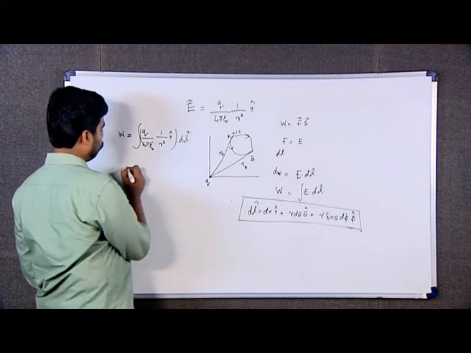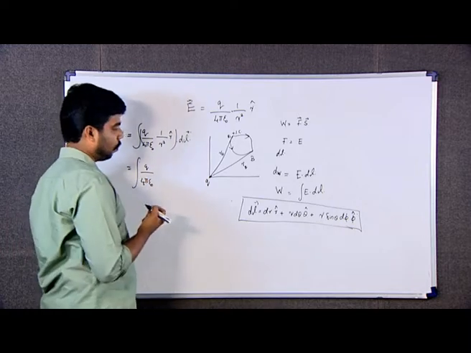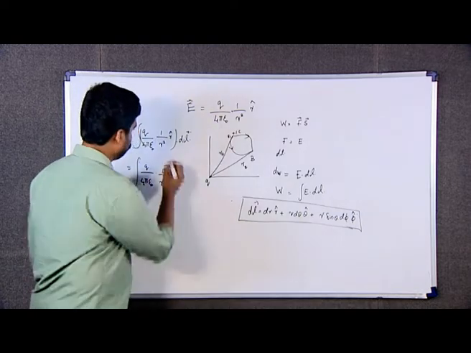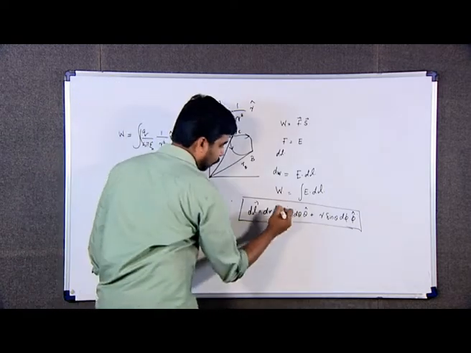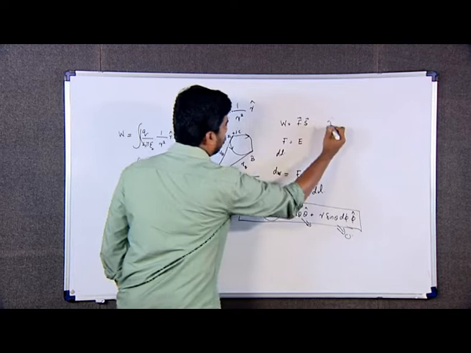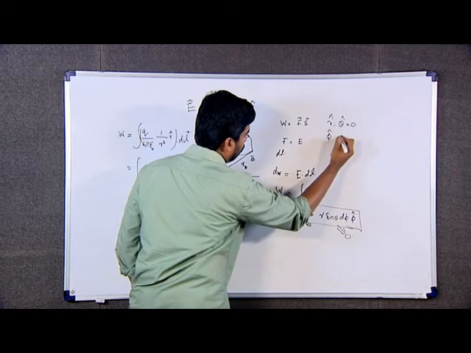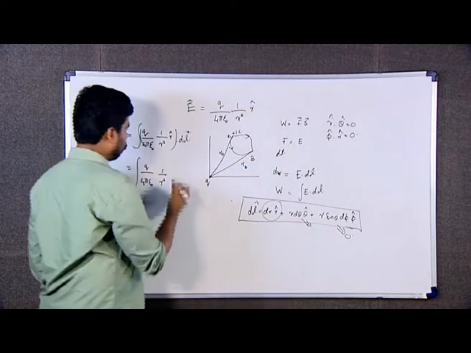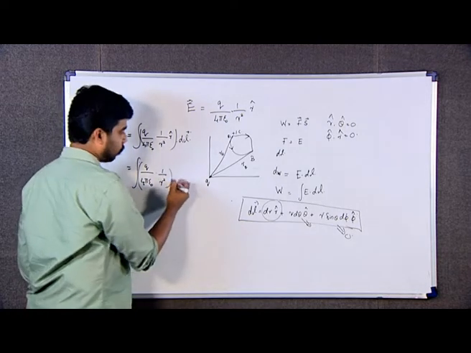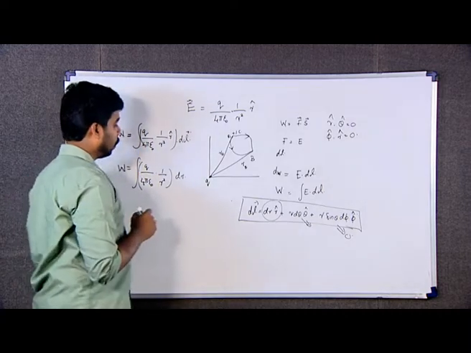Only the r cap term will survive and all other terms will become 0, because r cap dot theta cap is equal to 0 and phi cap dot r cap is also 0. So only the first term survives, that means q by 4 pi epsilon 0 into 1 by r square into dr. This is the work done.